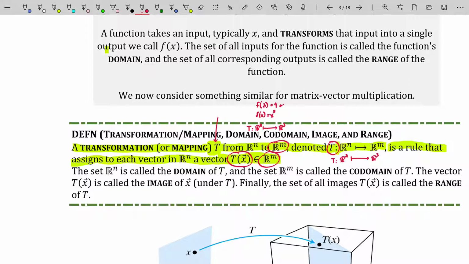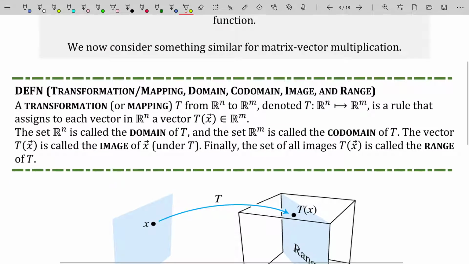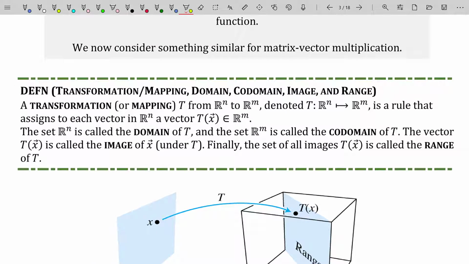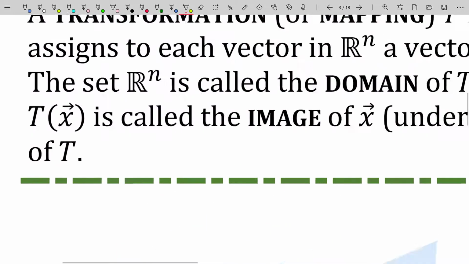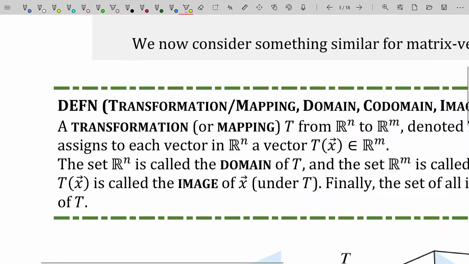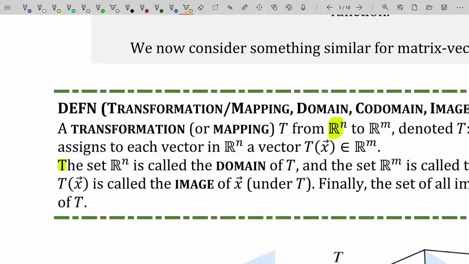Now let's continue forward and talk about those other words that we use when we talk about functions, domain and range specifically. And we're going to add yet another word, actually another two words into that language. So the set Rn, which is what we're mapping from, that set is called the domain of the transformation.